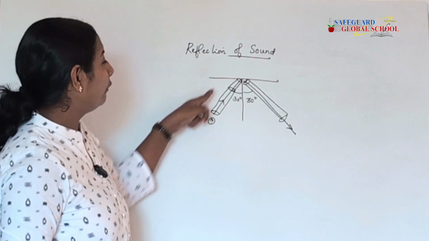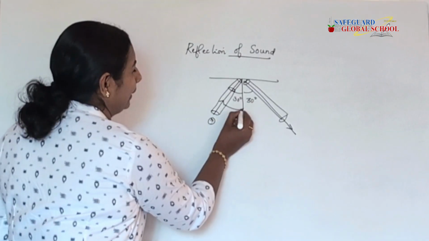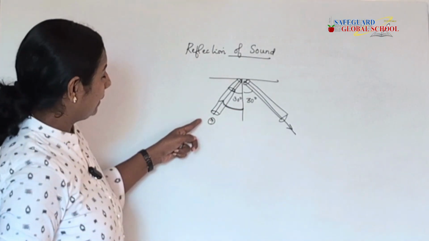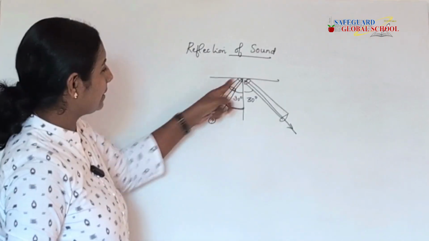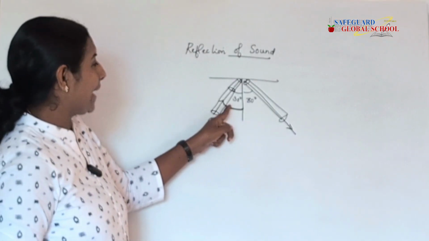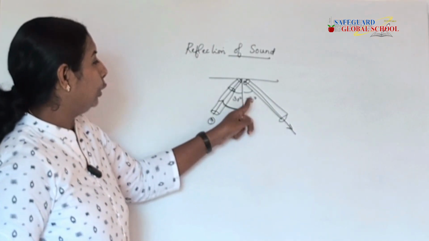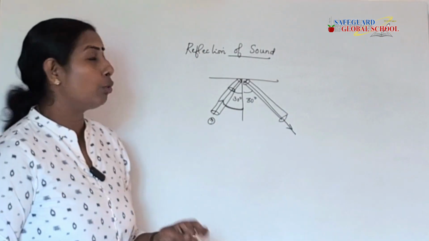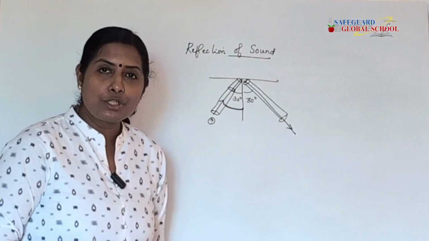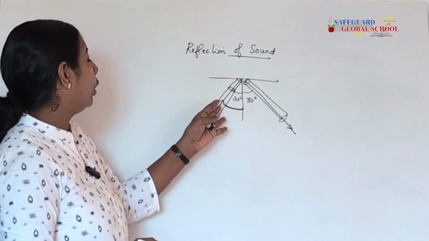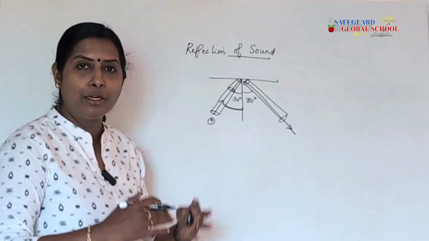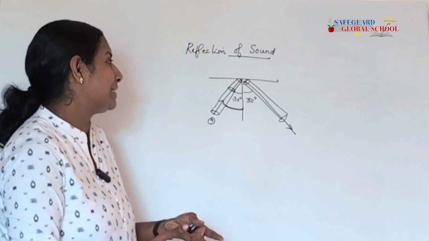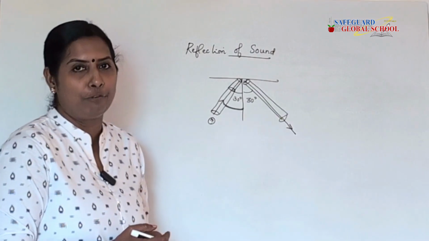The angle of incidence of sound, that is the angle between the incident sound and the normal, is exactly equal to the angle between the normal and the reflected sound. So in this case, we can understand the law of reflection, that is the angle of incidence of sound is equal to the angle of reflection of sound.